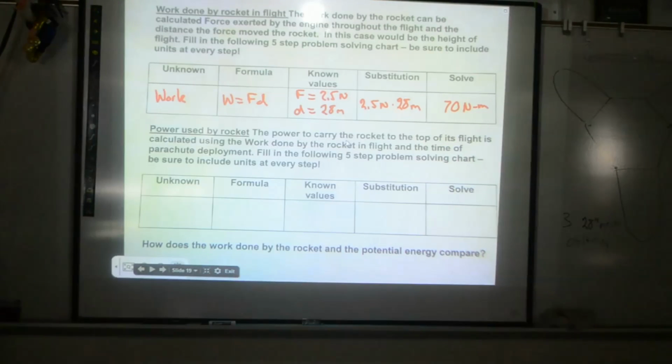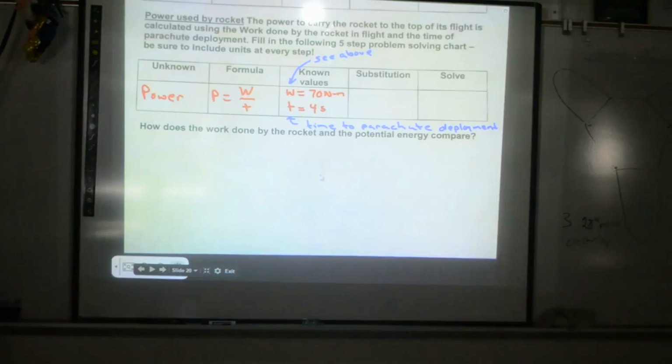And the last one asks, how can we change the power of the rockets? So let's look at this for just a minute. Clearly, power comes from the work and the time.